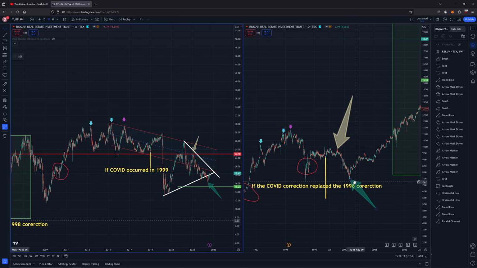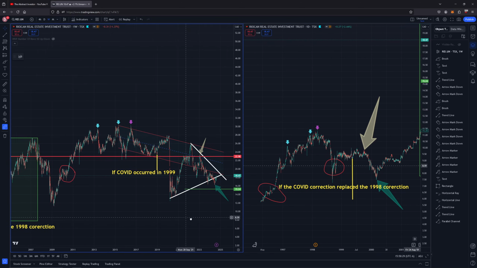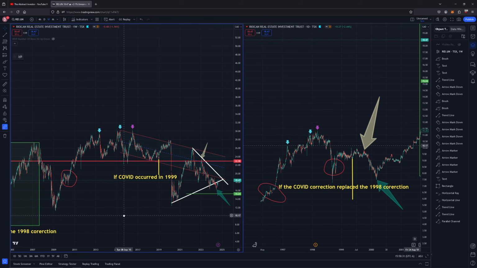And I think we're starting to work our way up here now. So on the charts from the late 90s and early 2000s, that same bottom would have occurred March 6th of 2000, just for your reference if you're following along on your charts. But yeah, that's what I'm seeing on this one.